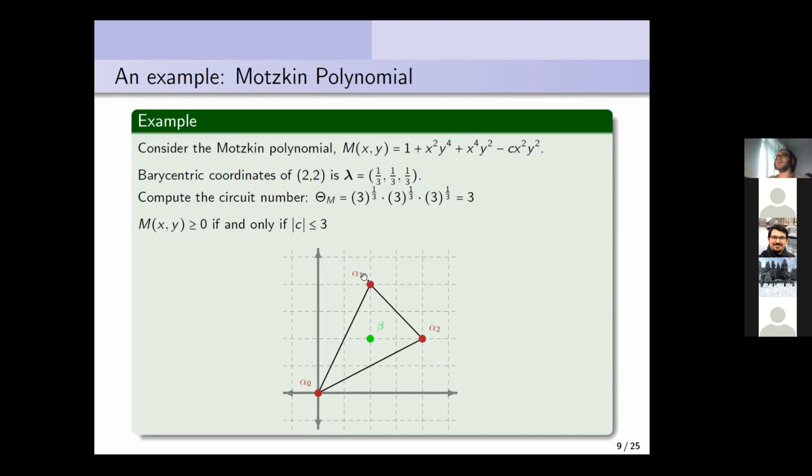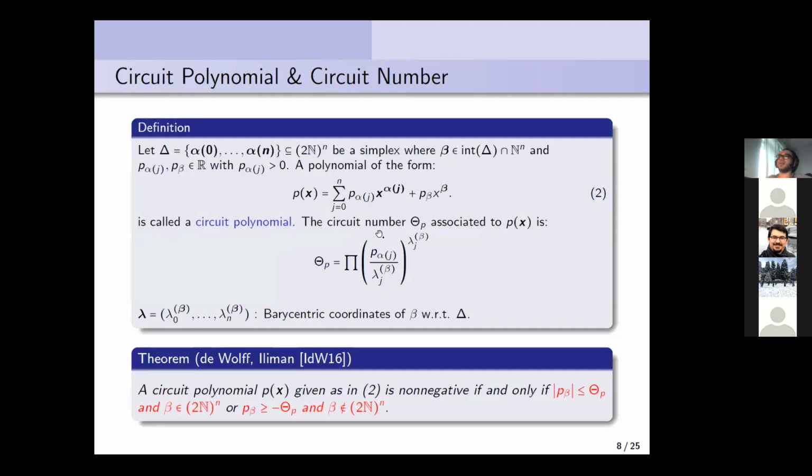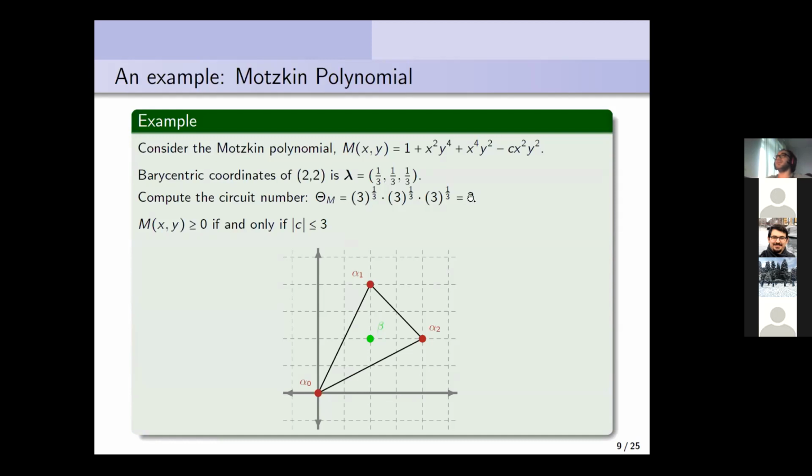To show for which C this polynomial is non-negative, you first compute the circuit number of this circuit polynomial. First you compute the barycentric coordinates of the point beta, which are 1 divided by 3, 1 divided by 3, 1 divided by 3, and then you do this small multiplication, which gives you 3.